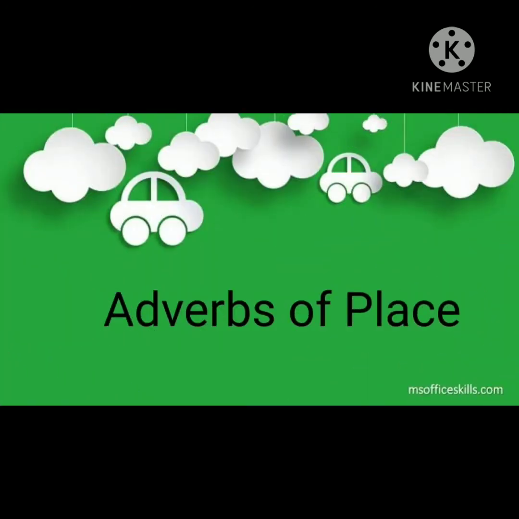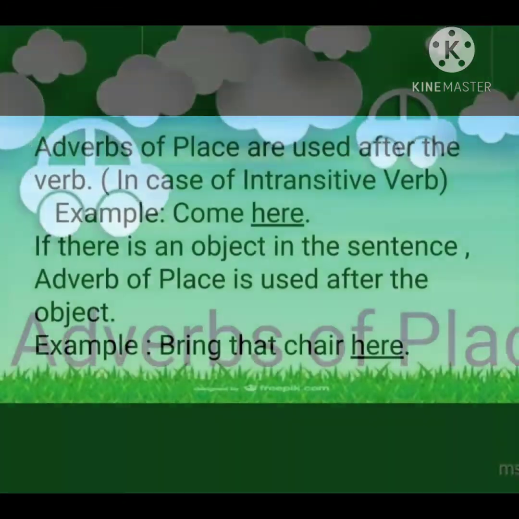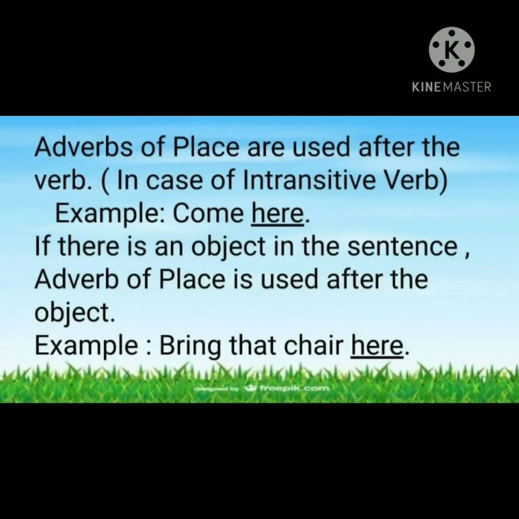After adverbs of time, there are adverbs of place. These adverbs tell where an action is performed. In a sentence, if there is no object, then the adverbs of place are used after the verb only. For example, come here.